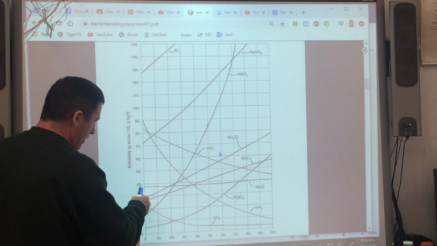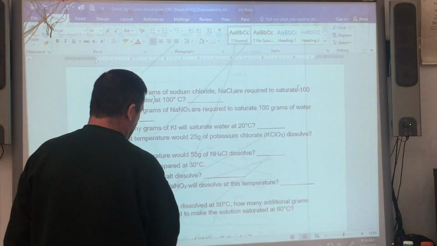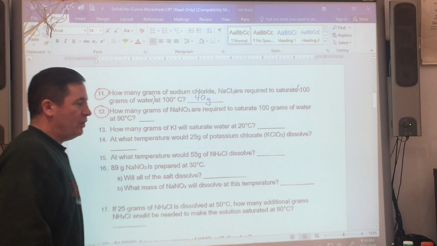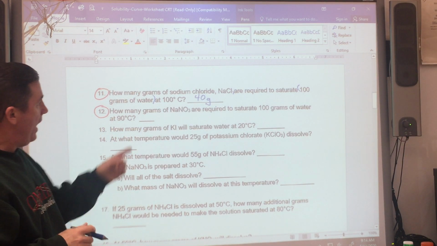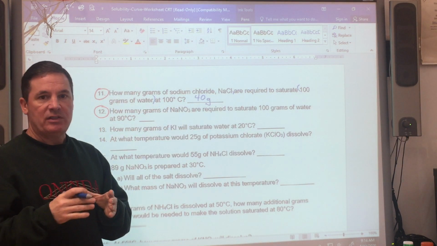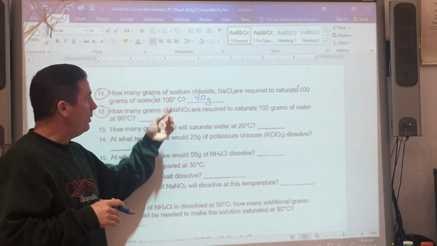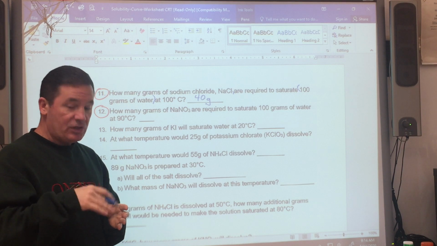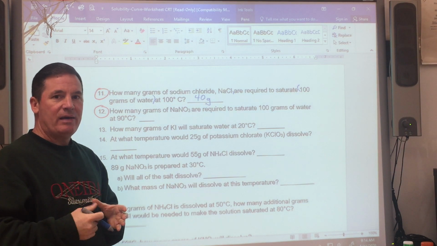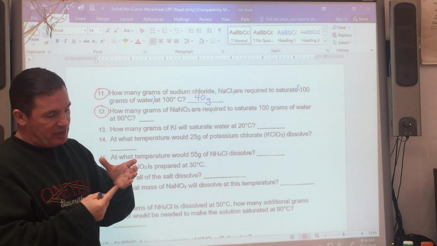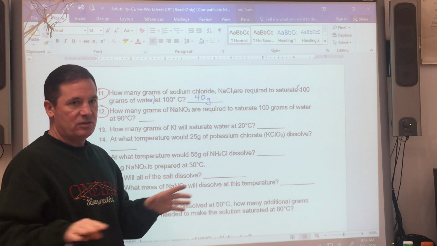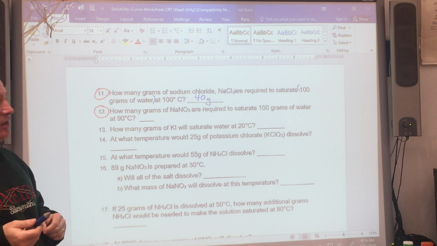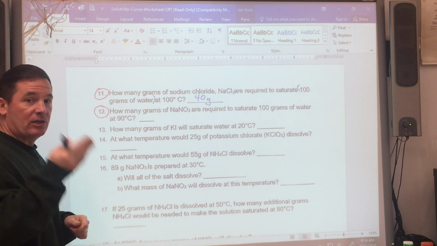Follow this over. 40. 40 grams would saturate it. So if I take 100 milliliters of water at boiling point and add 40 grams of salt, it will dissolve it all. But if I put another gram of salt in there, it'll just end up on the bottom, okay? Because it won't be able to dissolve anything more if it's saturated, unless I increase the temperature.